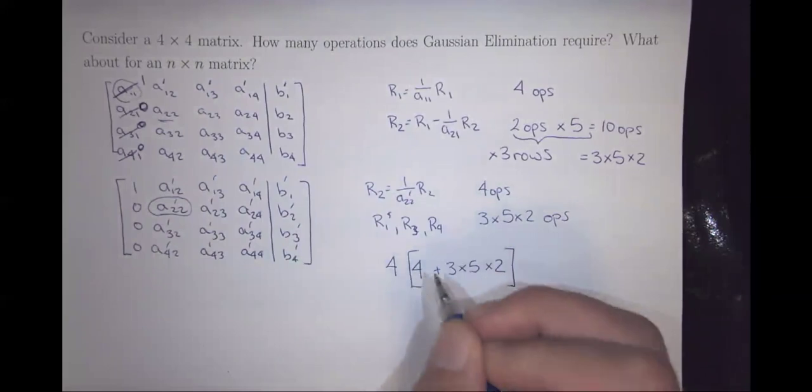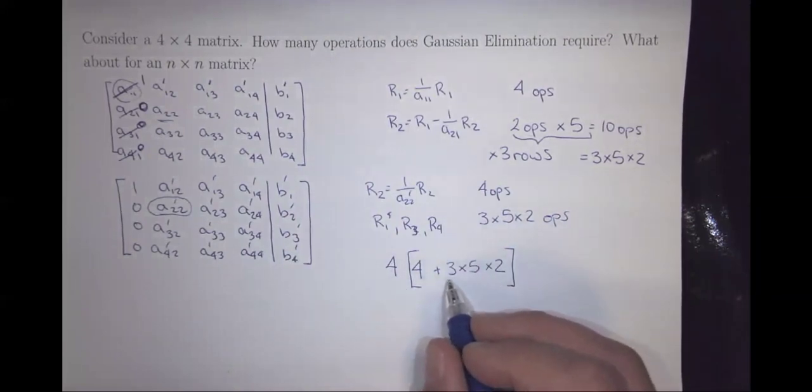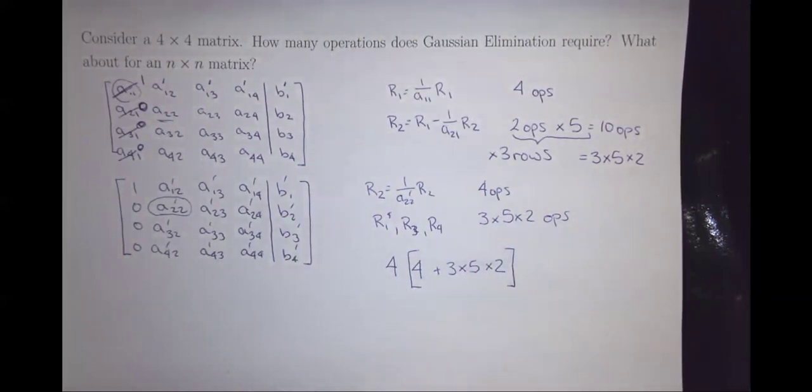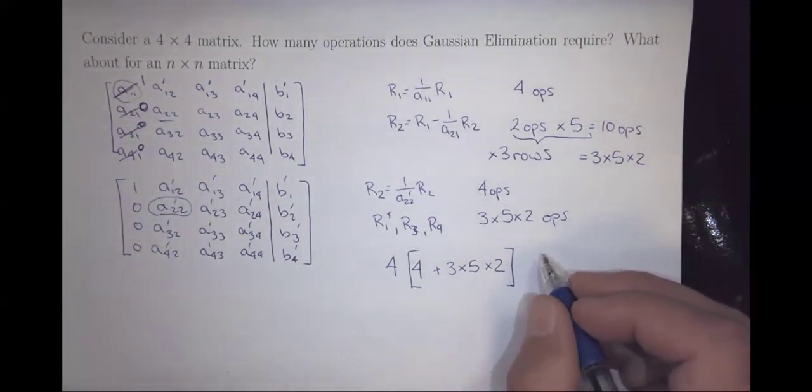So we're going to end up having to do it 4 times. So our total here is going to be 4 times 4 plus 3 times 5 times 2. Okay. So once we do that, that gives us our total number of operations.